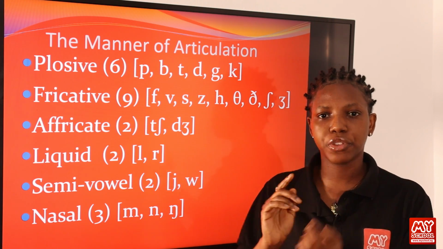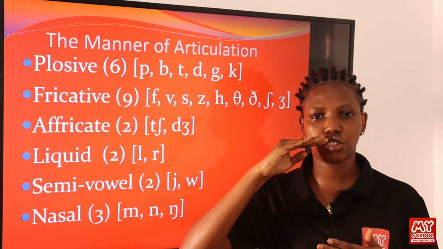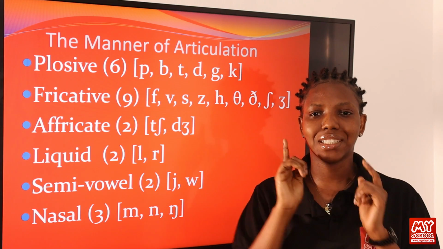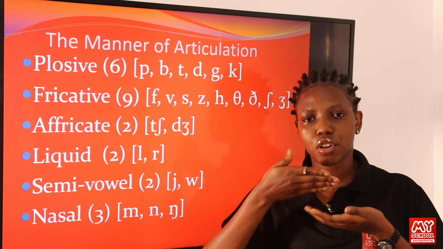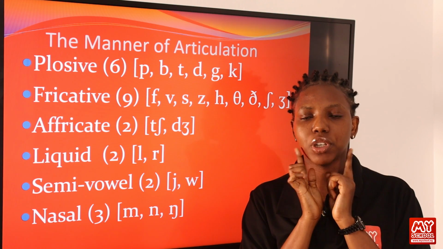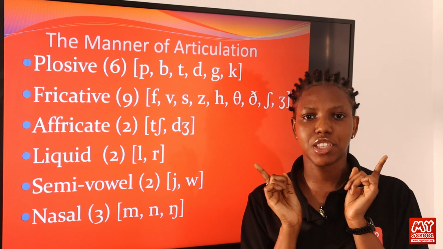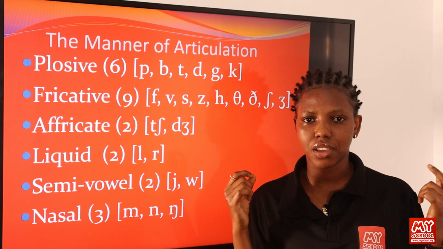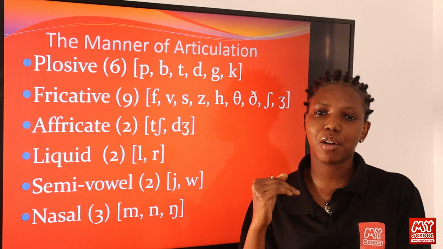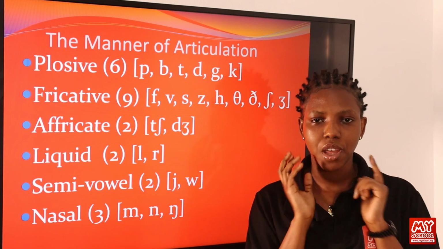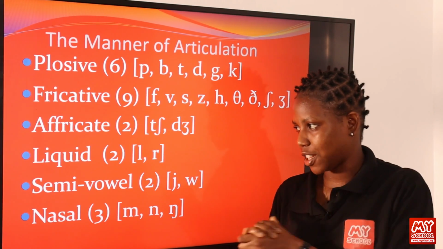The tongue is curved as it touches your alveolar, and then air has to escape because there's a blockage in the front of your mouth, but this side is open, and so air has to escape from the side of your mouth. The tongue curving in your mouth is blocking the air passage from coming straight from your mouth, and so it has to escape from the side of your mouth.